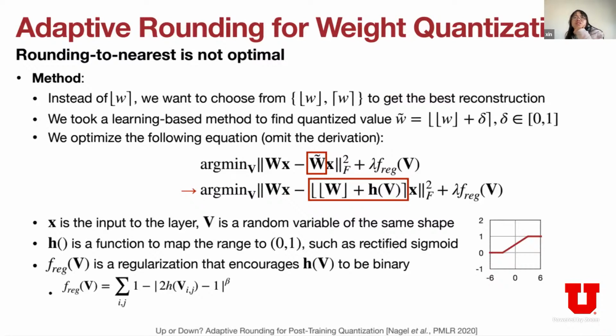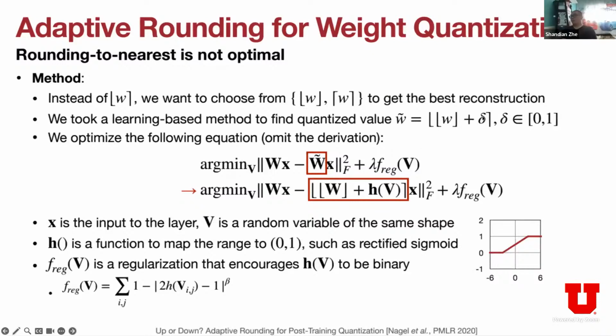V is the additional variable introduced to learn delta. And what's the relationship between V and delta? Delta is equal to h(V).